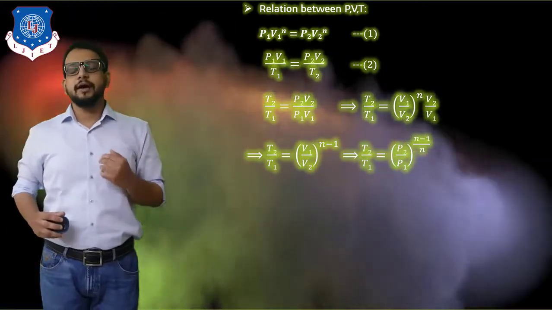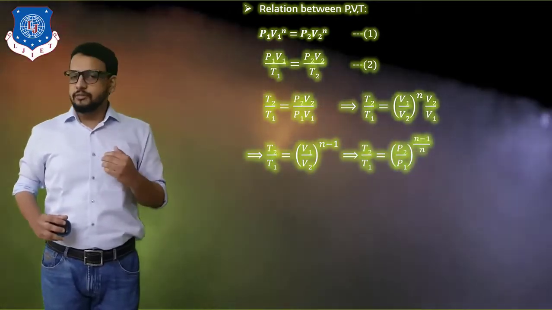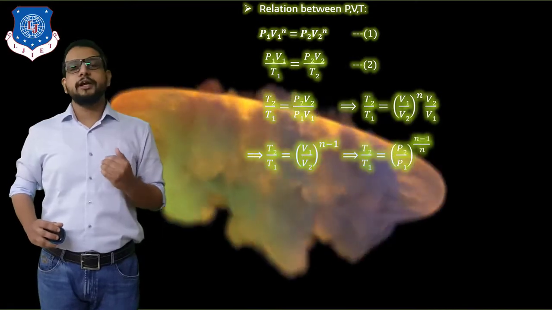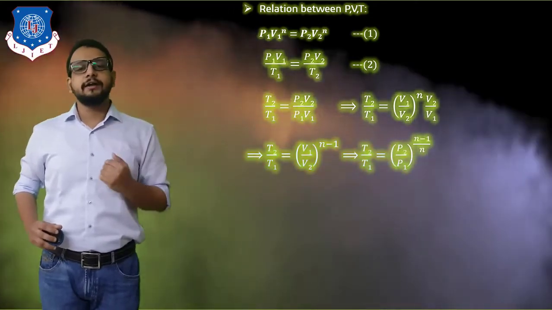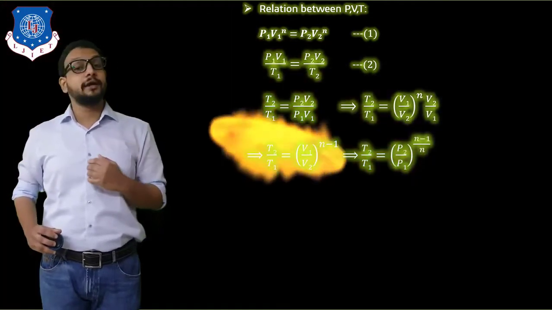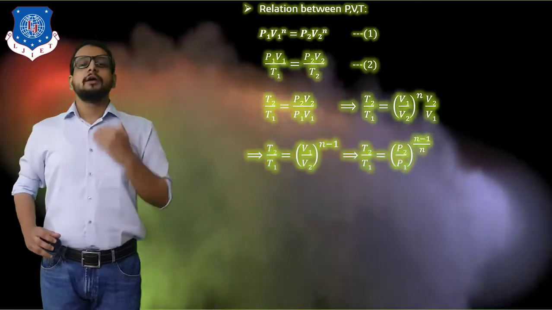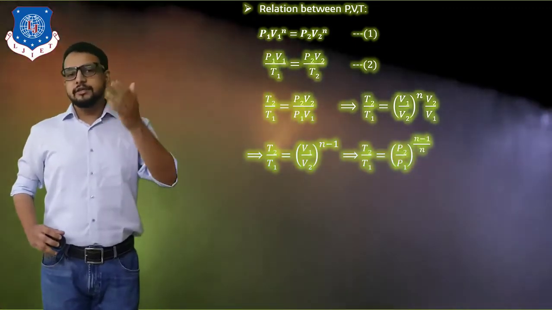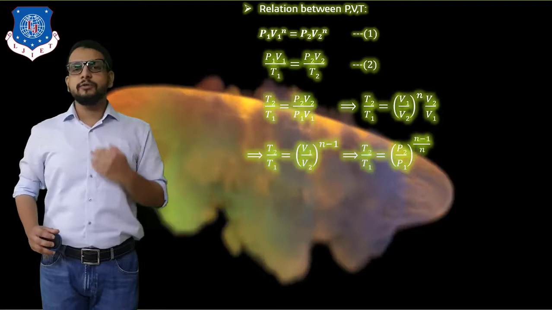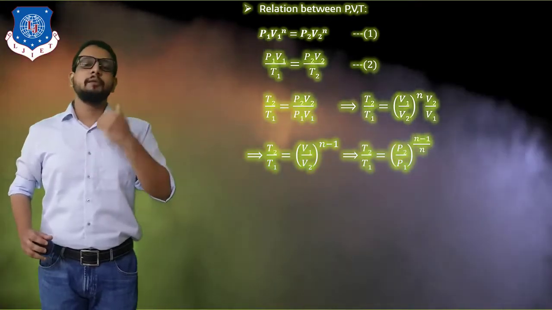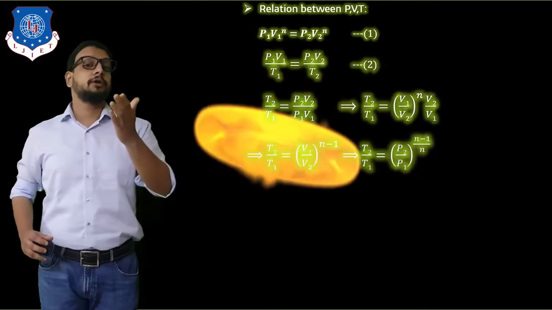In the next step, I have converted equation number 2 into the form of T2 by T1, so we can write T2 by T1 is equal to P2 V2 upon P1 V1. Now the next step is to substitute the value of P2 by P1 from our equation number 1.